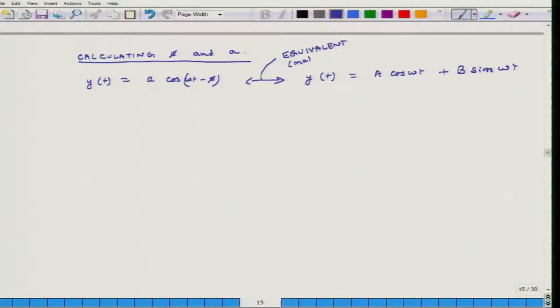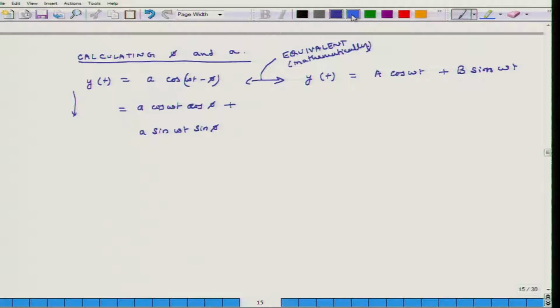So, they are mathematically equivalent. Let us see why that is the case. So, what I do is I develop this further. This equals A cosine omega t times cosine of phi plus A sine omega t sine of phi.